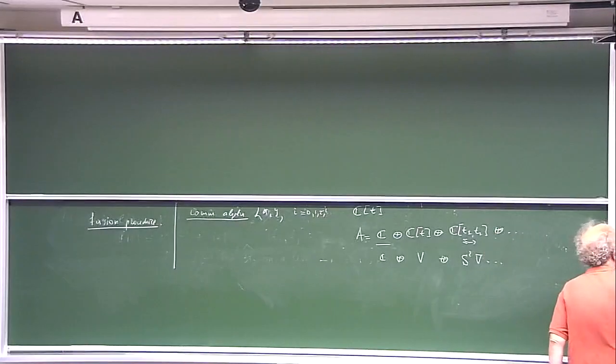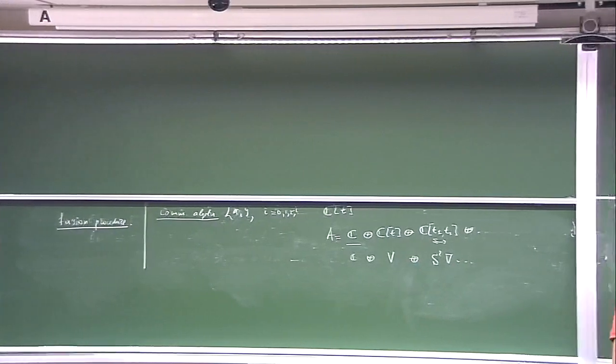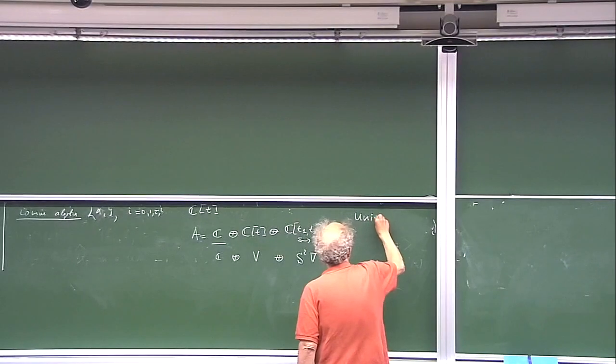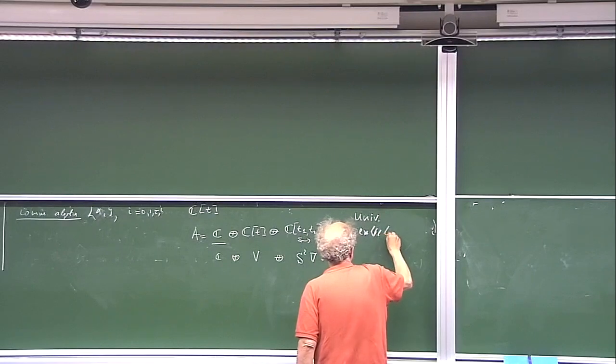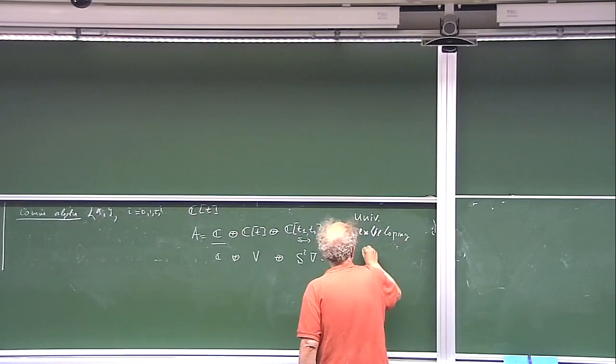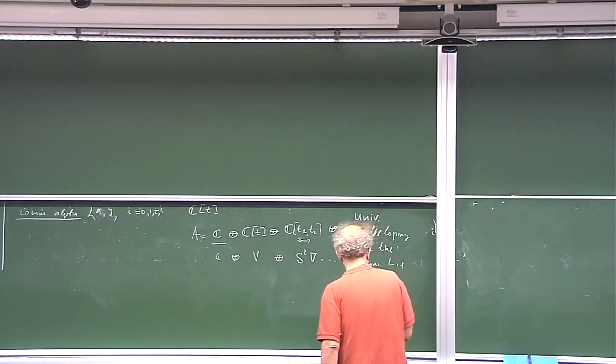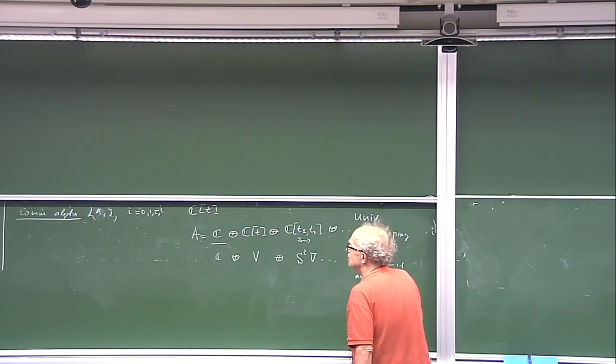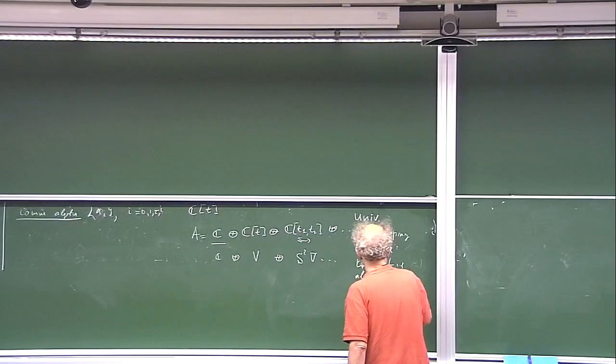Or this is the universal enveloping algebra of the commutative Lie algebra with an infinite number of generators A_i.